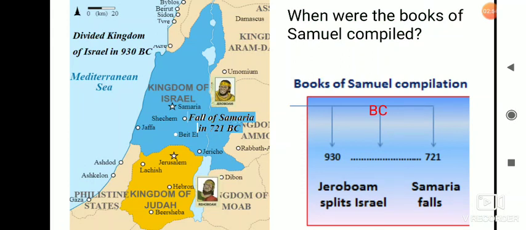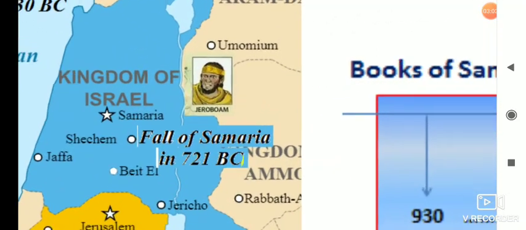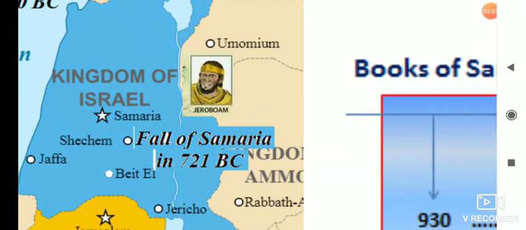When were the books of Samuel compiled? The final form of the book came together before the post-exilic era. Jeroboam led the northern tribes of Israel in rebellion against the house of David in 930 BC.